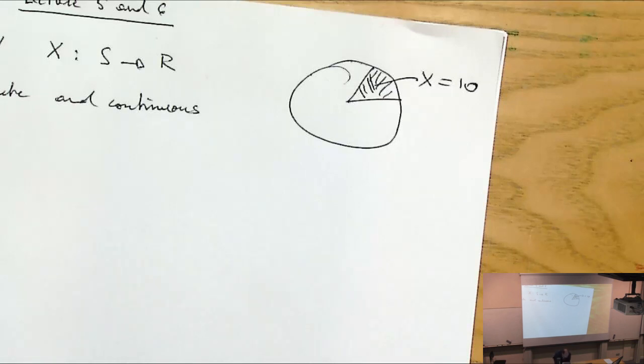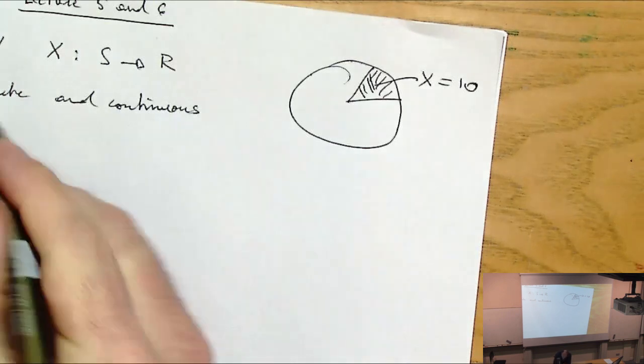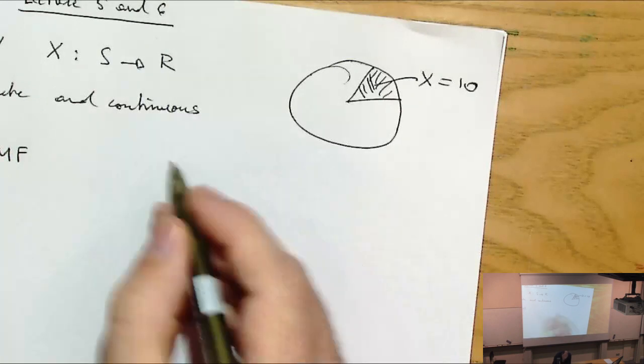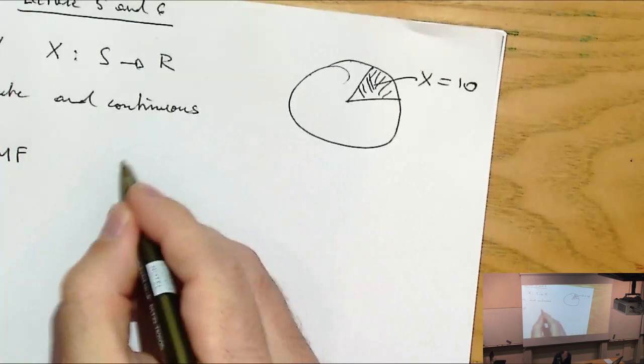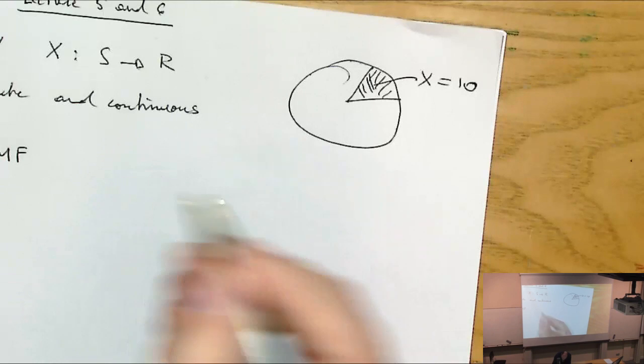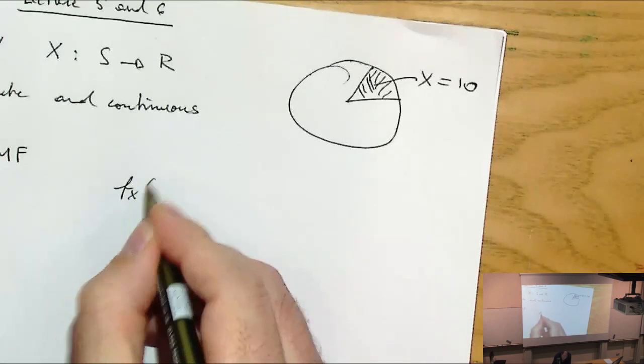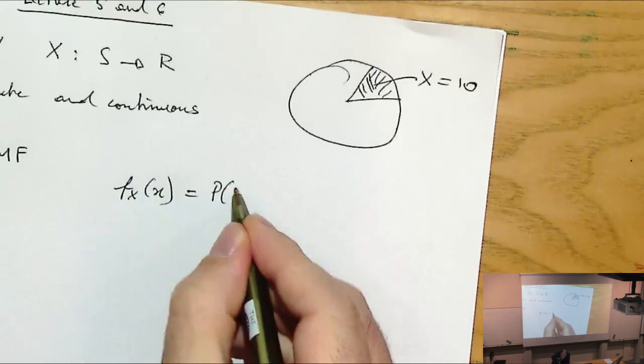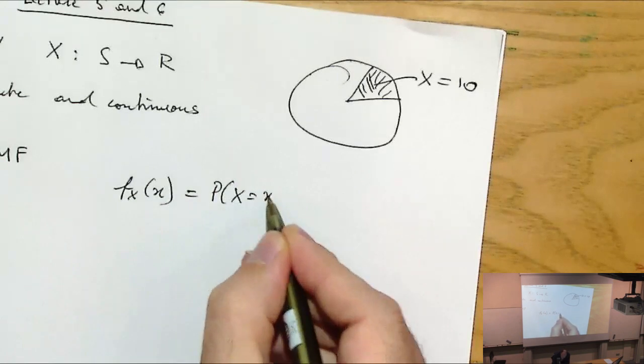The first thing we looked at is the notion of a probability mass function, or PMF. If I have a certain random variable X, f_X(x) here represents the probability that X is equal to small x.